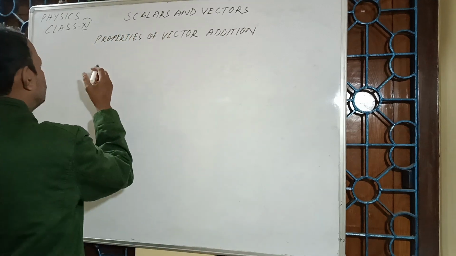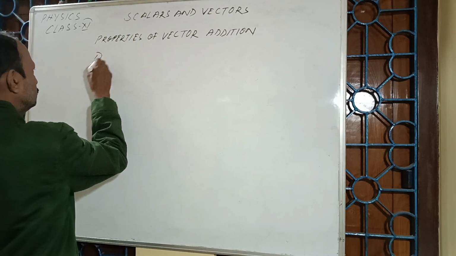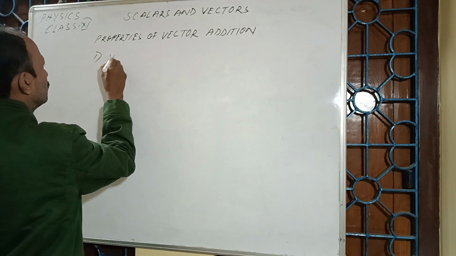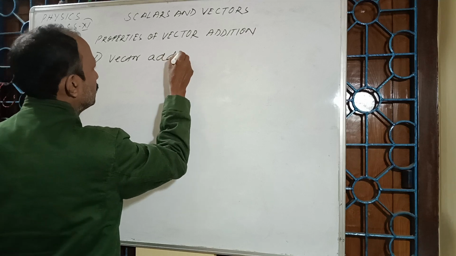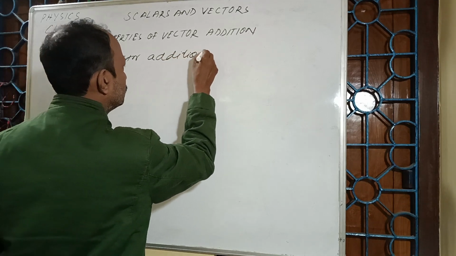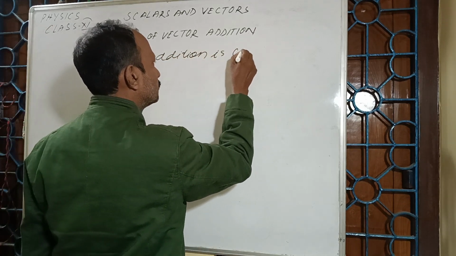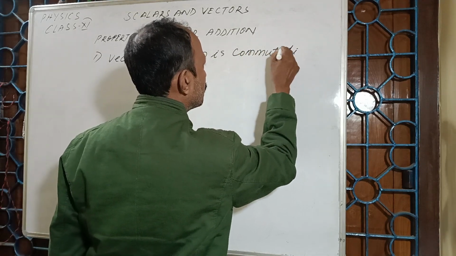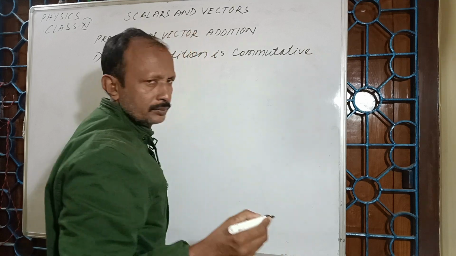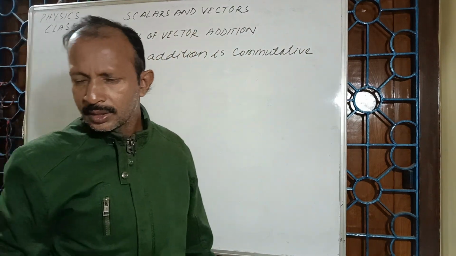First one is vector addition is commutative.